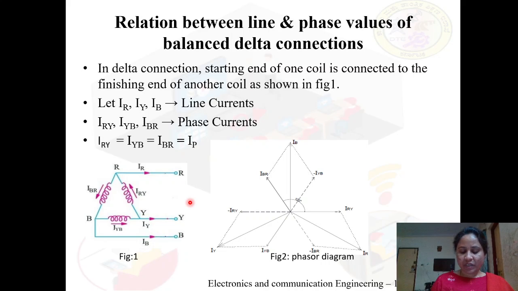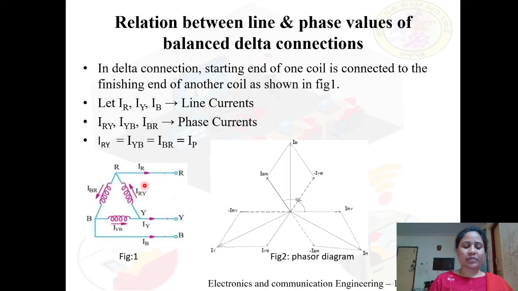Therefore, we can indicate this with the phasor diagram. That is, IR is the resultant of IRY minus IBR. IR here we have written is the resultant of IRY and IBR. Otherwise, we can also write in a simple way.